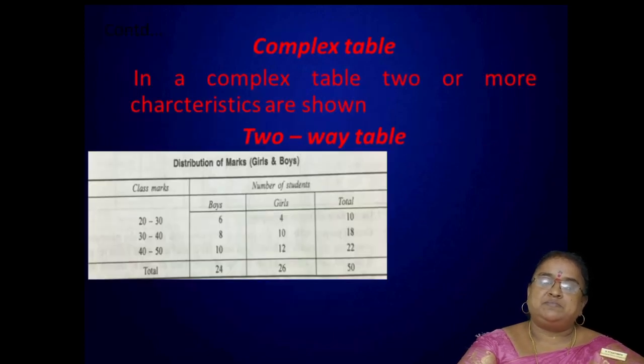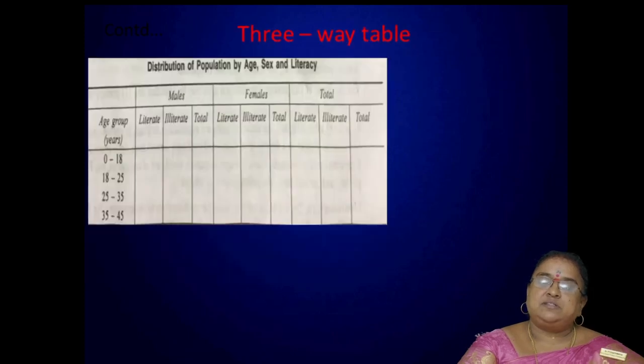Complex table. In a complex table, we have two or more classifications. For example, with the same distribution of marks, we classify the number of students into boys, girls and total. 3-way table. In the previous one, we classified into 2, boys and girls.